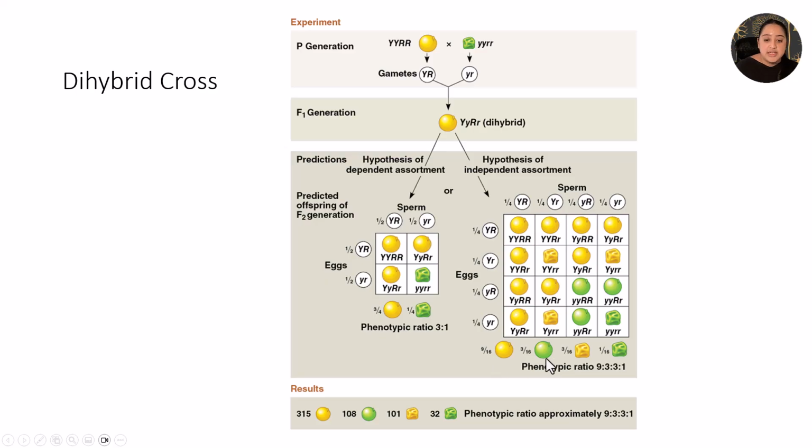And he added up all the ones that were green and smooth, and there was 3. And then all the ones that were yellow and wrinkled, and they were 3. And then for every 1 green wrinkled. So this was the ratio, 9 to 3 to 3 to 1. And again, he did this multiple times. He had no life. He was a monk. And so that ratio came out like that, 9 to 3 to 3 to 1.